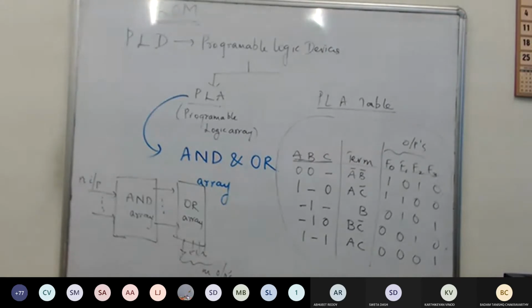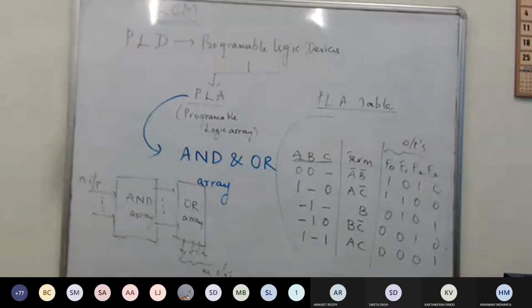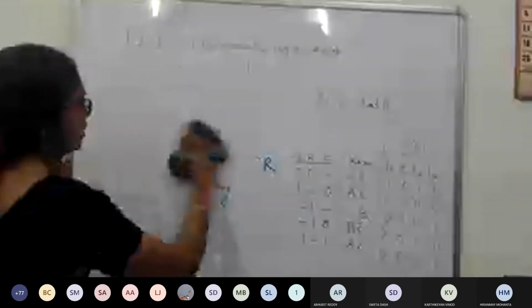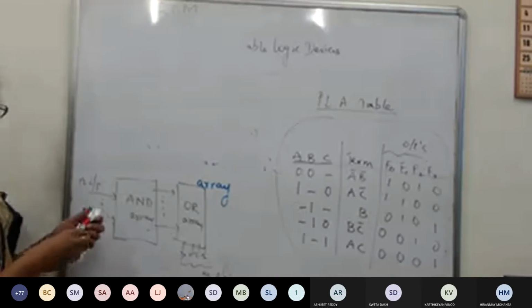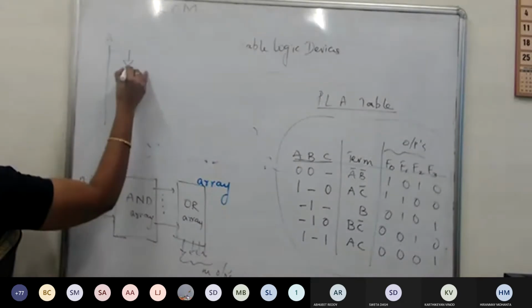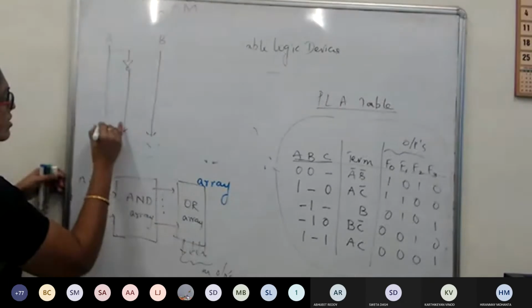Ma'am, please explain how switches are used for AND and OR expressions. Okay. I'll take a small example. These are lines.